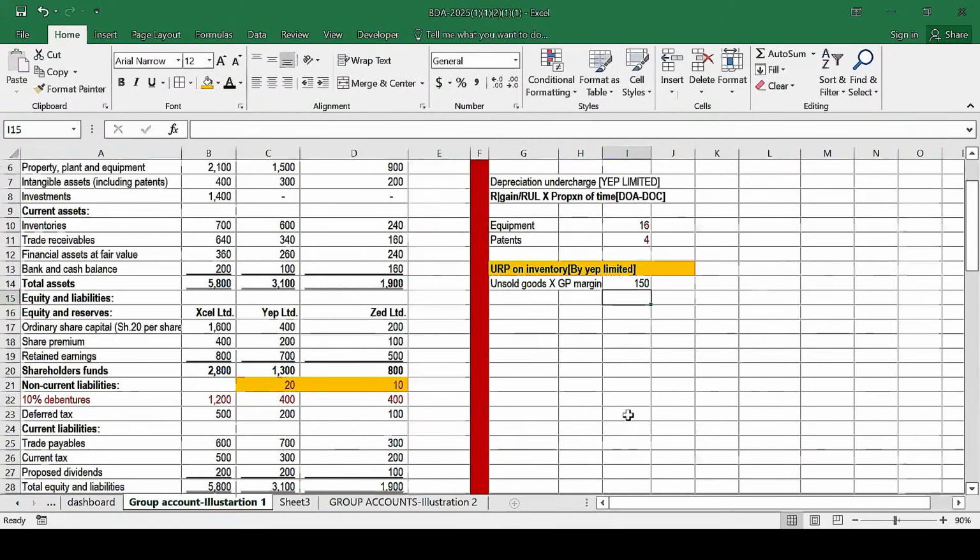Because 25% is the same as 1 all over 5. So our margin should be 1 all over 5, plus the numerator, so it should be 6.